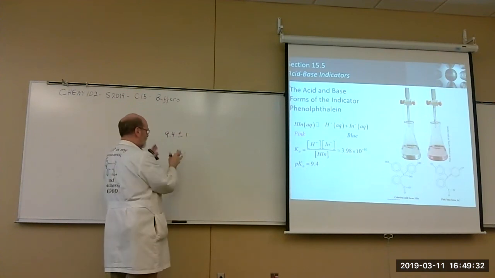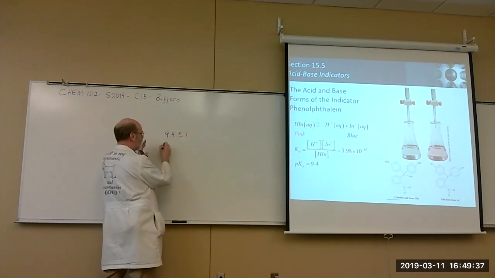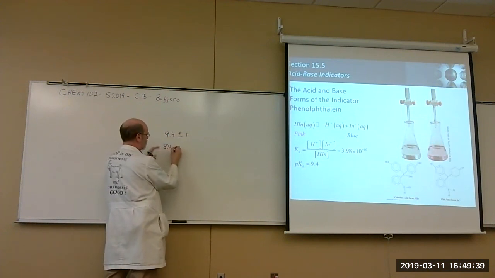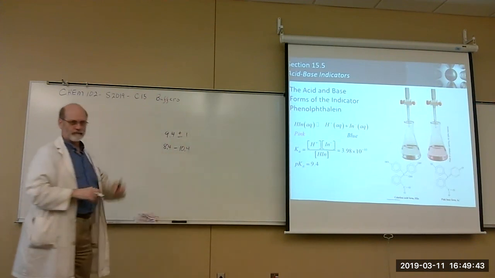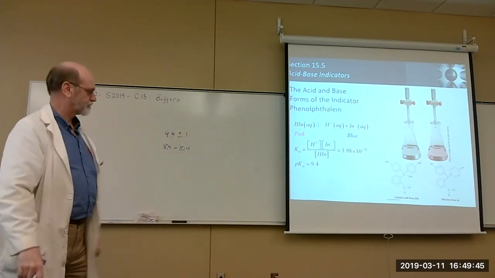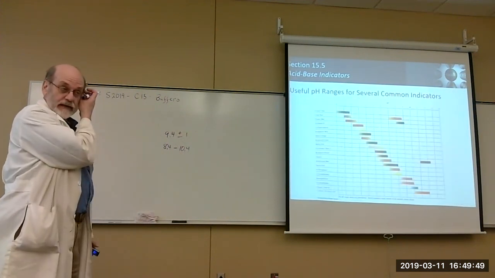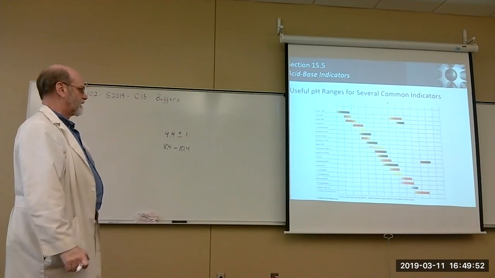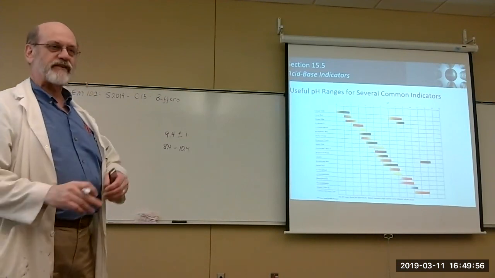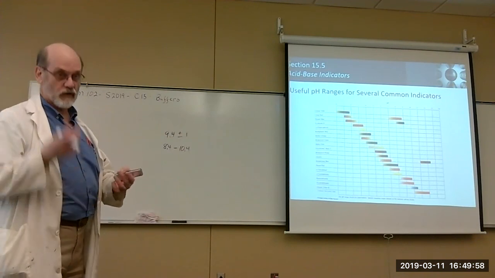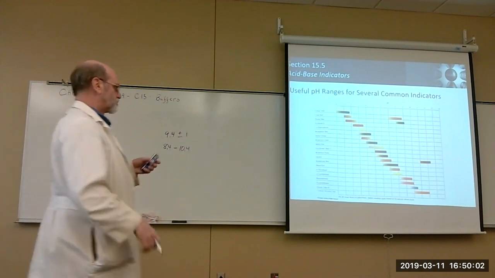So it has a useful range in a titration of between 8.4 to 10.4. Okay? Now, that's a rule of thumb, right? It depends on what color it is, also, as how sensitive the human eye is.